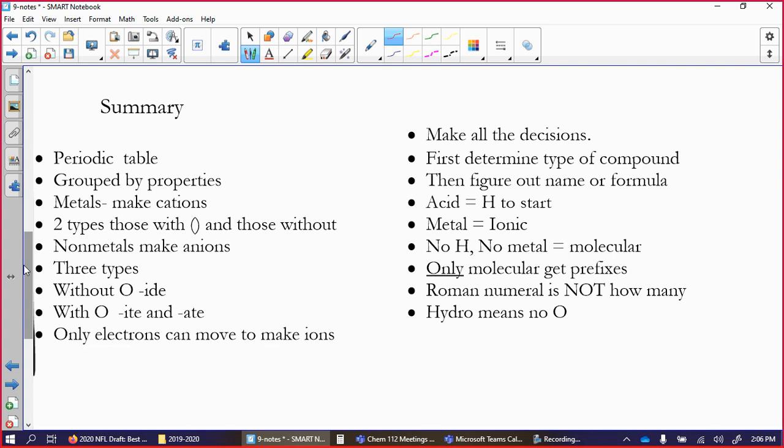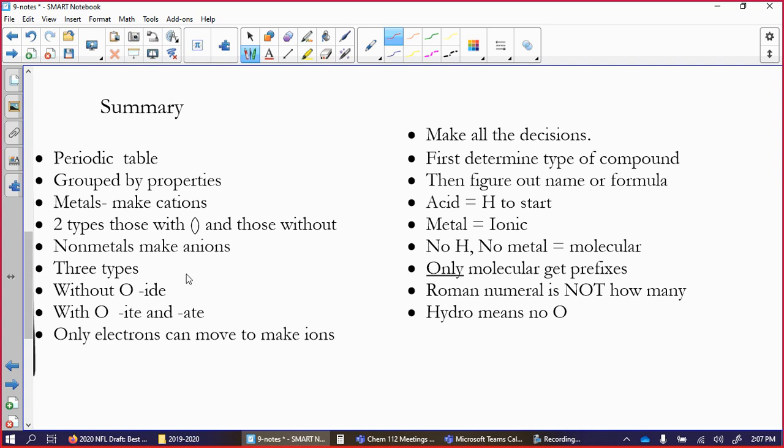So the summary is about what we've done. Well, we've looked at the periodic table. The periodic table is grouped by properties. Metals make cations, so anything with a metal is going to be ionic, no questions asked, unless it's an acid with something like permanganate or chromate.